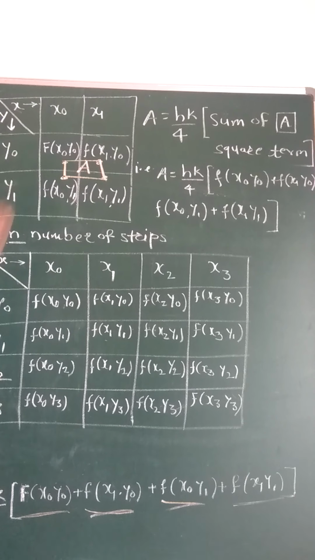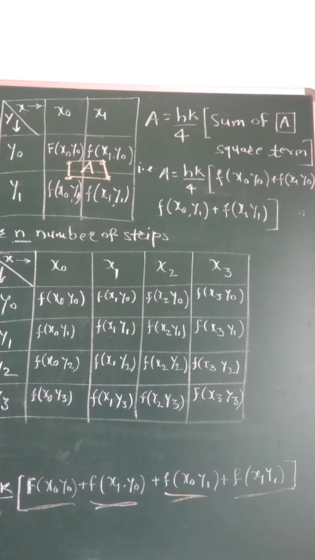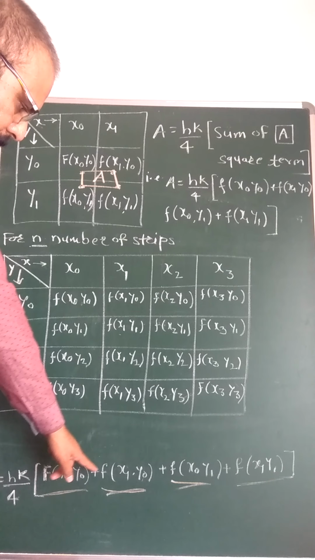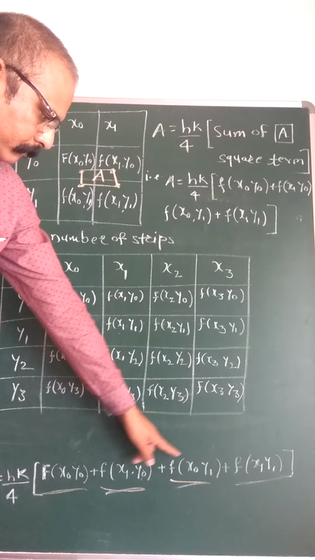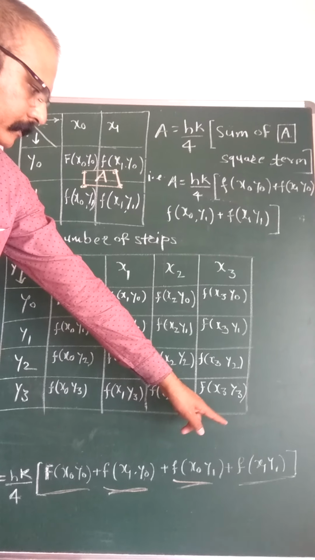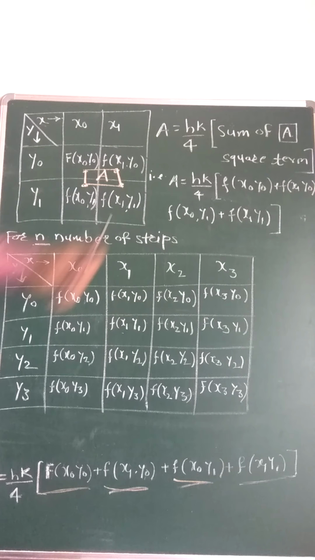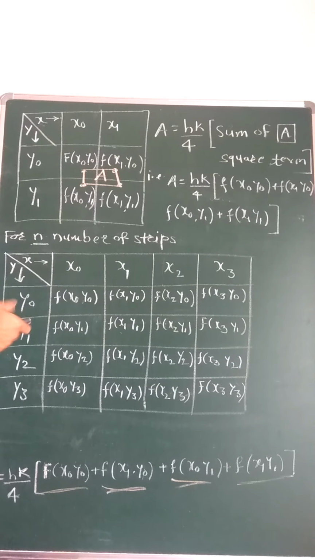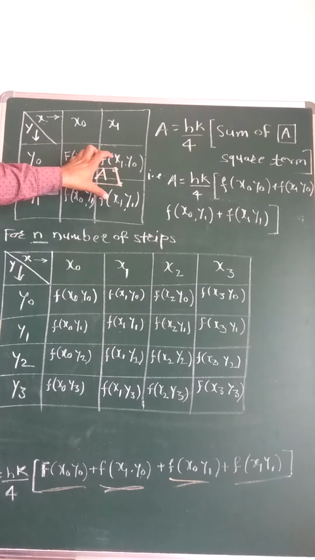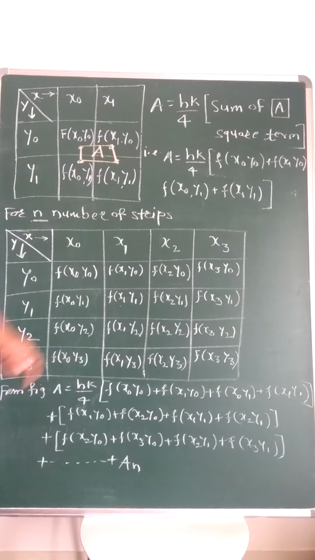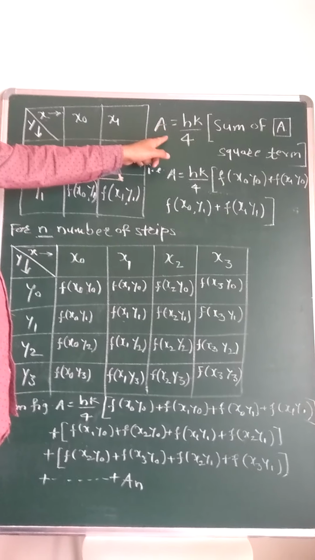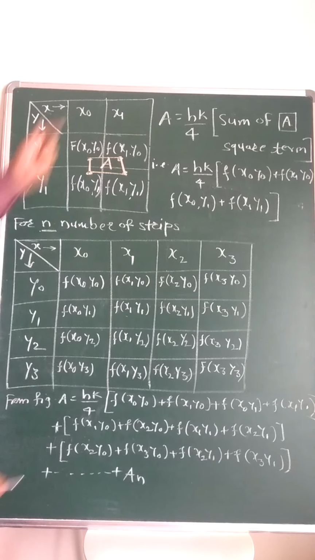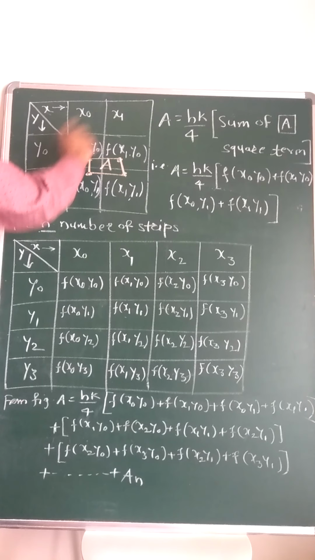This is area A. Therefore, this formula A is equal to hk by 4 into f of x0 y0 plus f of x1 y0 plus f of x0 y1 plus f of x1 y1 can be written as A is equal to hk by 4 into the sum of A square terms, that is the sum of all these terms. This formula is applicable for n is equal to 1, that is the number of strips is equal to 1.